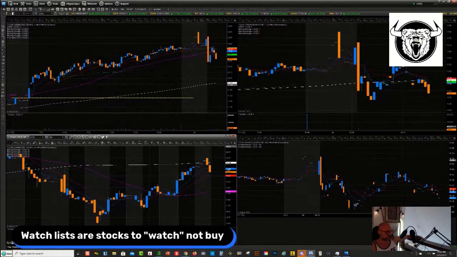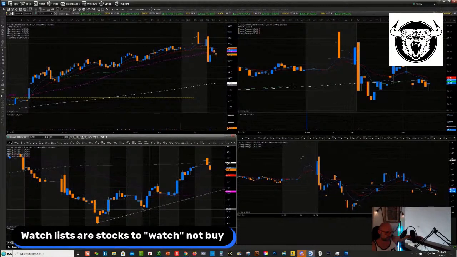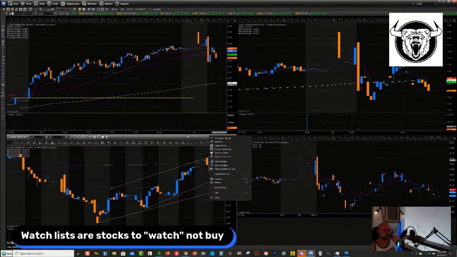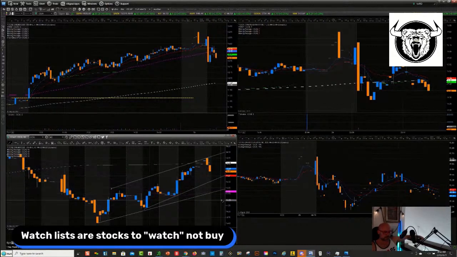So here's an hourly chart. It's pulling back here on an hourly.